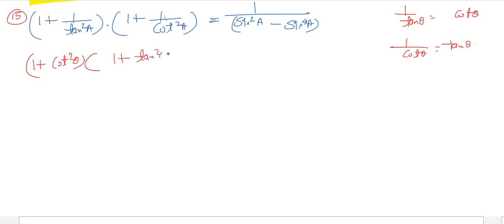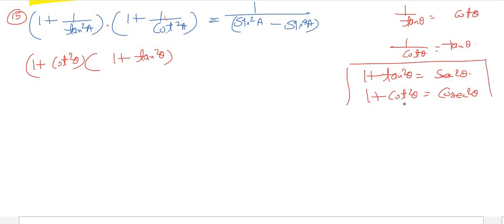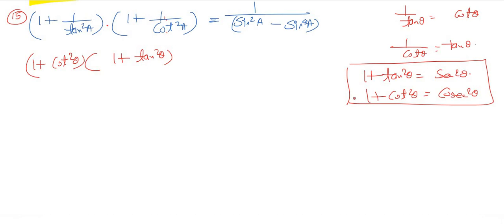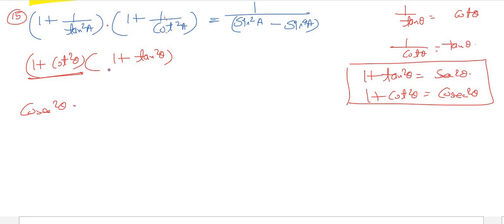It will become tan square theta. Now I gave you one formula. 1 plus tan square is sec square. And 1 plus cot square is cosec square. Write this down. These are very important formulas. So 1 plus cot square is cosec square. And 1 plus tan square is sec square.